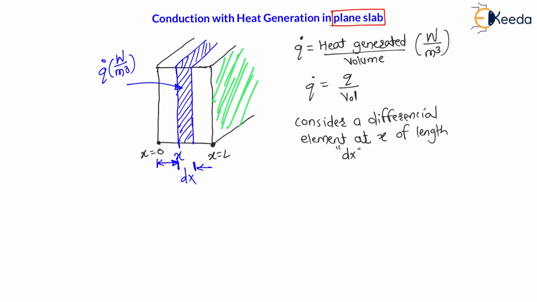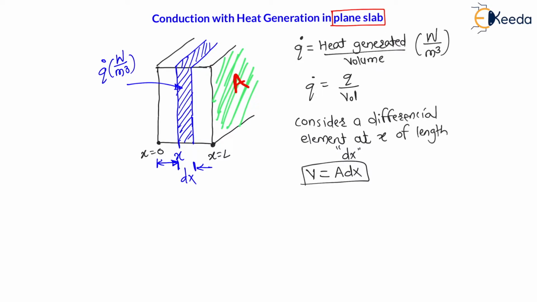Once you have the area, you can find the volume by multiplying area into length. The length of this very small element is dx, therefore the volume of this differential element will be equal to area into dx.